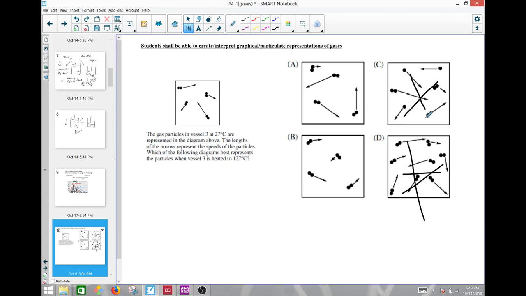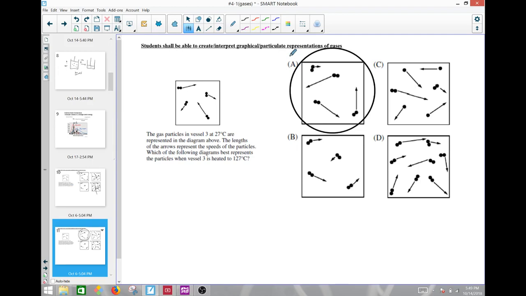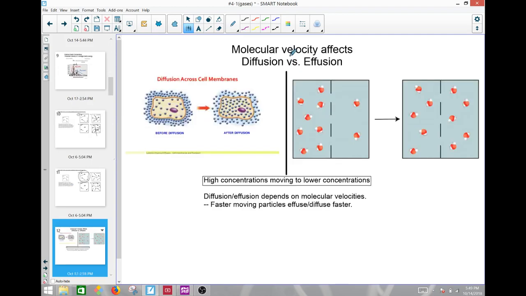There are 4 of them, but they broke apart. And here we have the top and bottom one. The top one has longer lines on average, and therefore A is the correct answer. Longer lines means it's traveling faster.